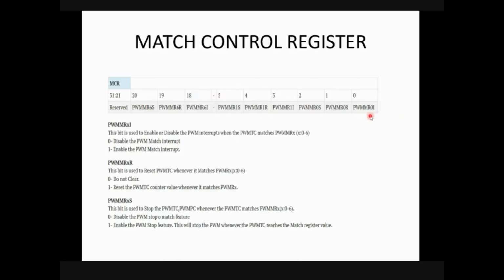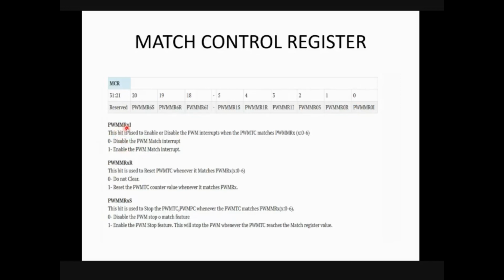What are these MRXI, MRXR, MRXS? In PWM MRX, X is the number of the PWM MR register, which you can take as 0, 1 up to 6. Depending upon which PWM MR match register you are going to select, you need to select that particular bit. The value is 0 or 1.